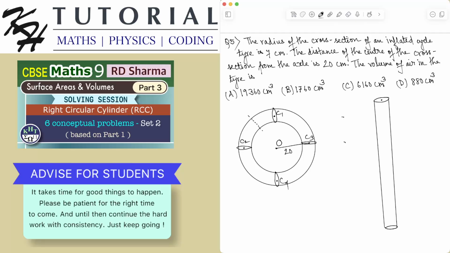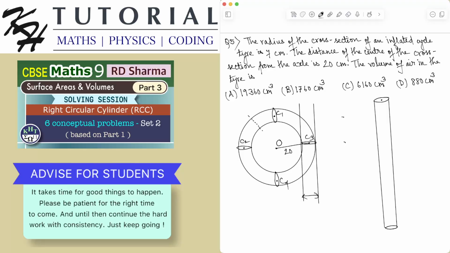So the radius of the cross section is given as 7 centimeter, meaning this part, obviously this is twice r.